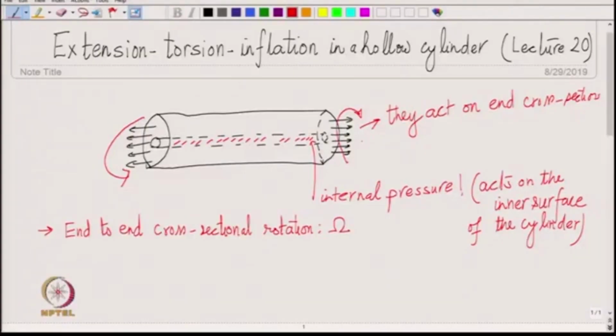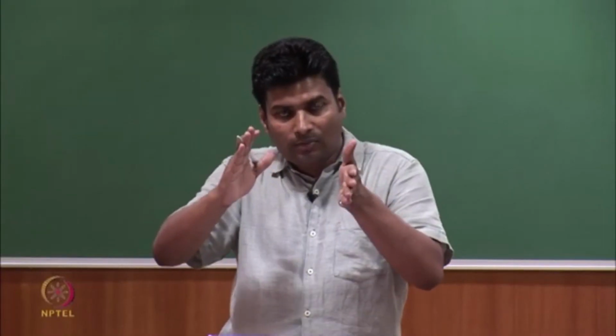So, we not only apply axial force at the two ends, we also have to apply torque, which we will denote by T. So, you see the force and torque both are axial, then only you can apply the torsion.